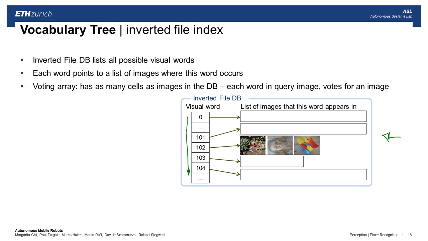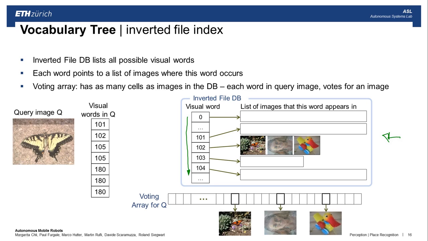So at the query image, when we extract features and map them into words, we get this set of visual words that appear in image Q. And then this particular word, 182, can vote directly for these 3 images where it has appeared before.